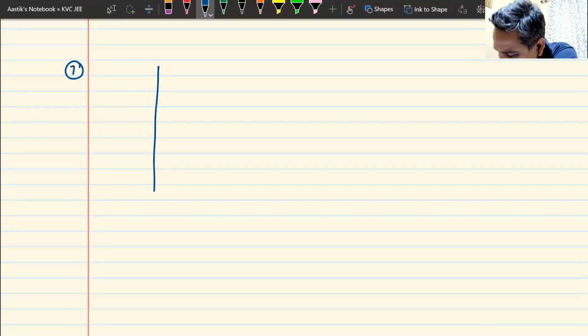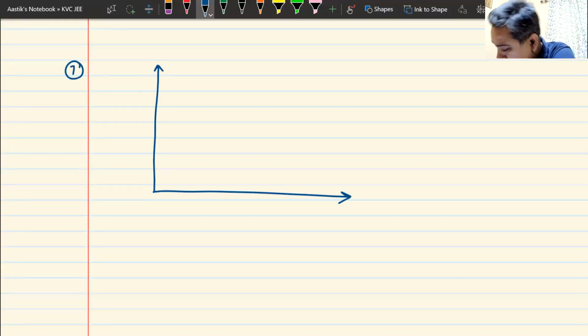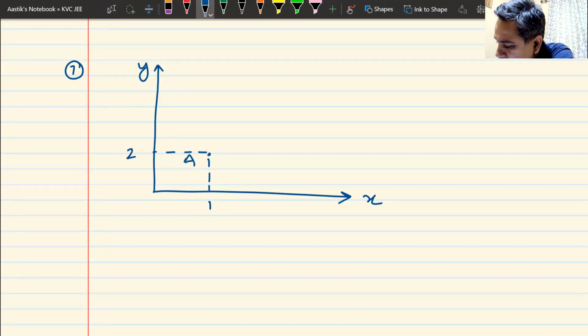For example, a question comes like this. This is the x axis, this is the y axis, and a particle is here. This coordinate is 1, 1. This is point B, and the coordinates are 2, 2.